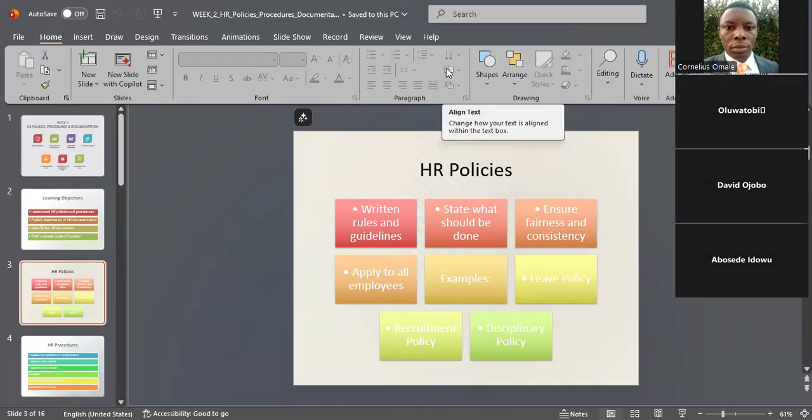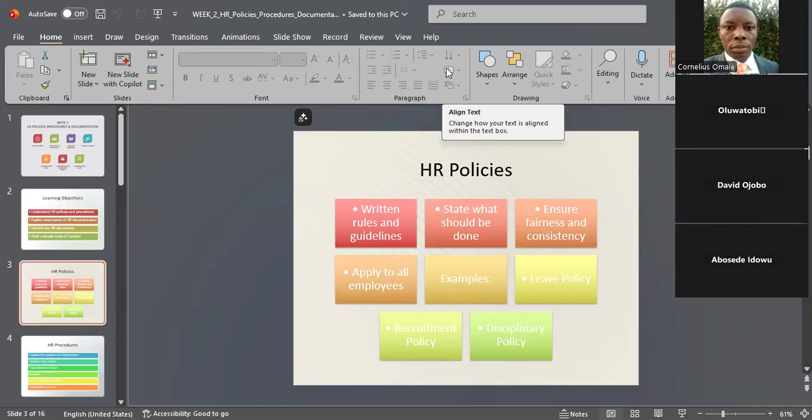It also helps us ensure fairness and consistency, and we apply it to all employees. Examples of HR policies are leave policy, recruitment policy, and disciplinary policy.